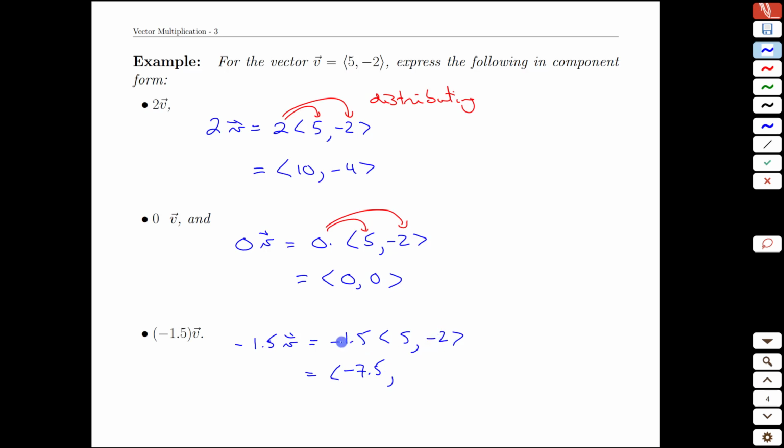When we multiply it by negative 1.5, we'll be going up, and we'll end up with a positive y component. So this calculation process, distributing the scalar onto the x and y components, is identical regardless of what the actual coefficients are or the vector is.